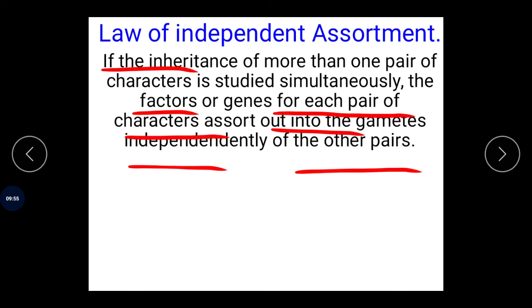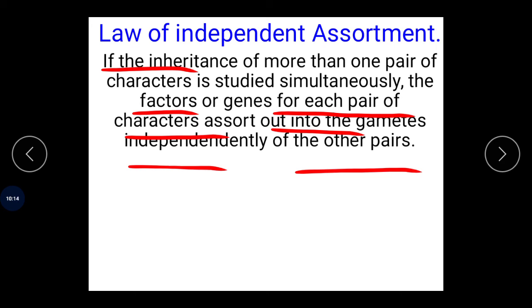They assort out, they make the combination in the future gametes, and once they get combined in the gametes, accordingly they will express their characters in the coming generation. So this is all about the law of independent assortment.